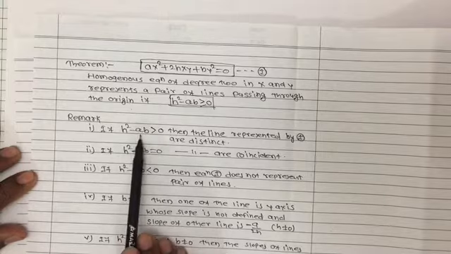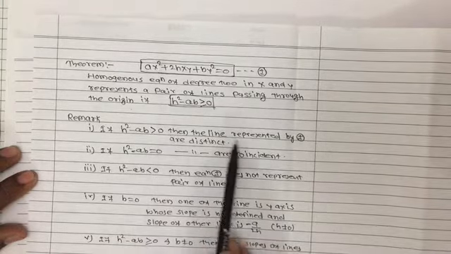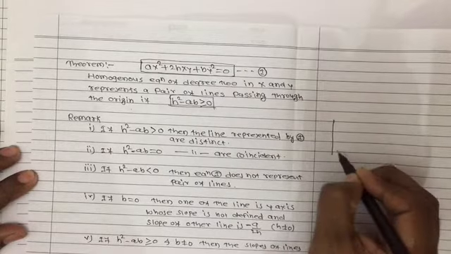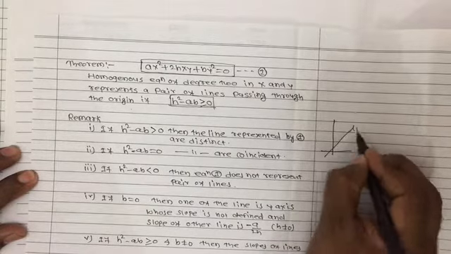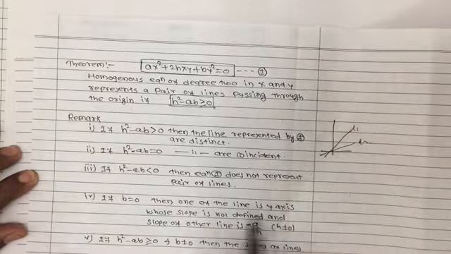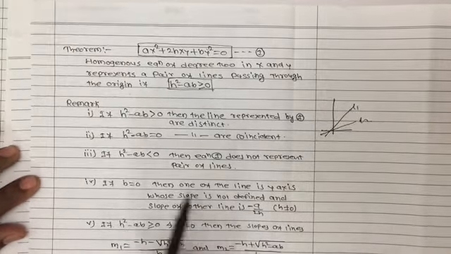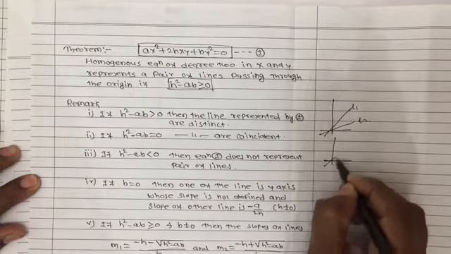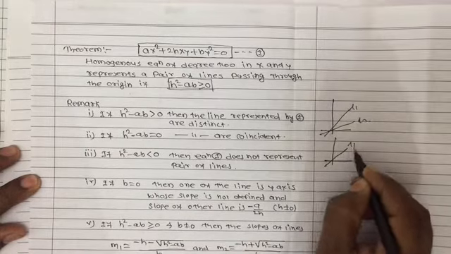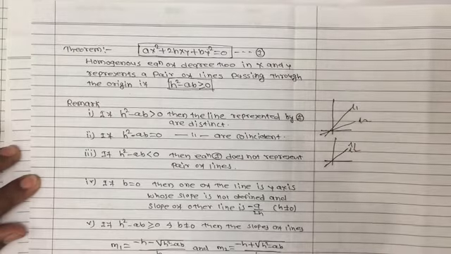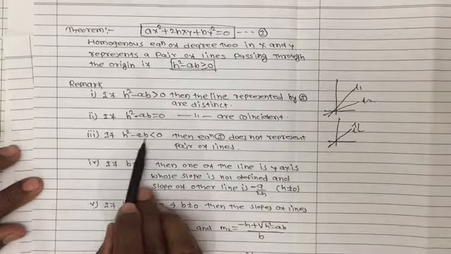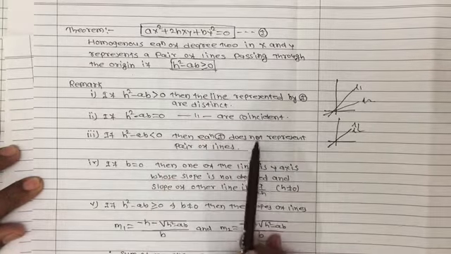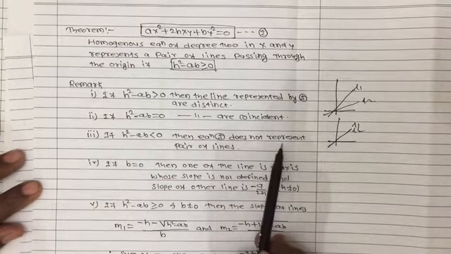If h square minus ab is greater than 0, then the lines represented by this joint equation are distinct, meaning this is L1 and this is L2. If h square minus ab is equal to 0, then the lines are the same. This is L1 and this is L2 also. And if h square minus ab is less than 0, then equation 1 is not a combined equation of lines passing through the origin.